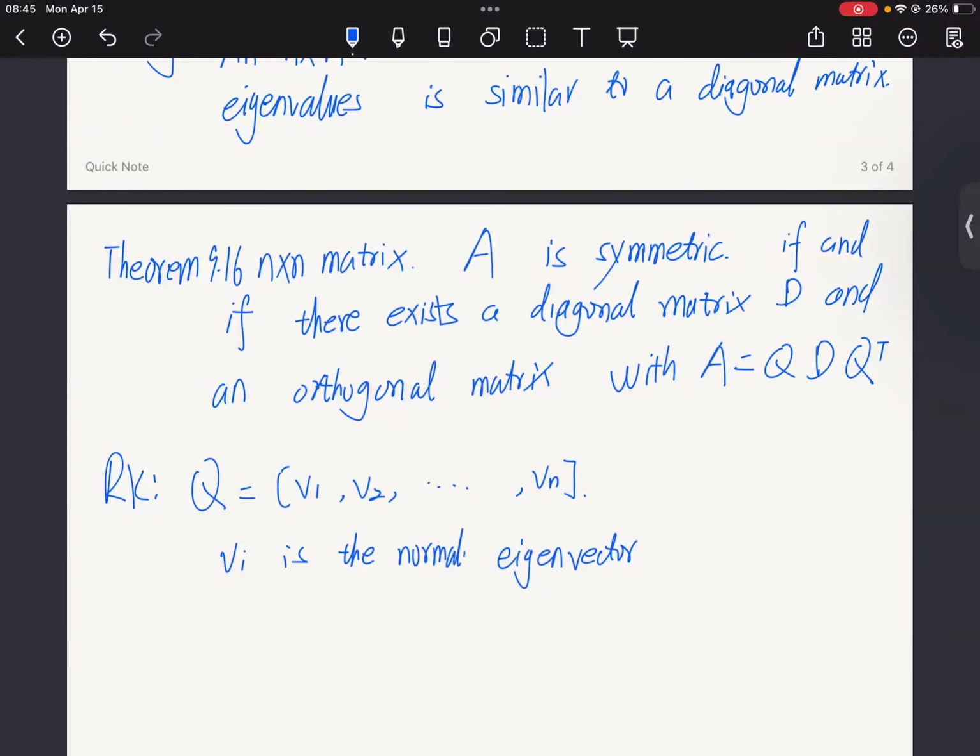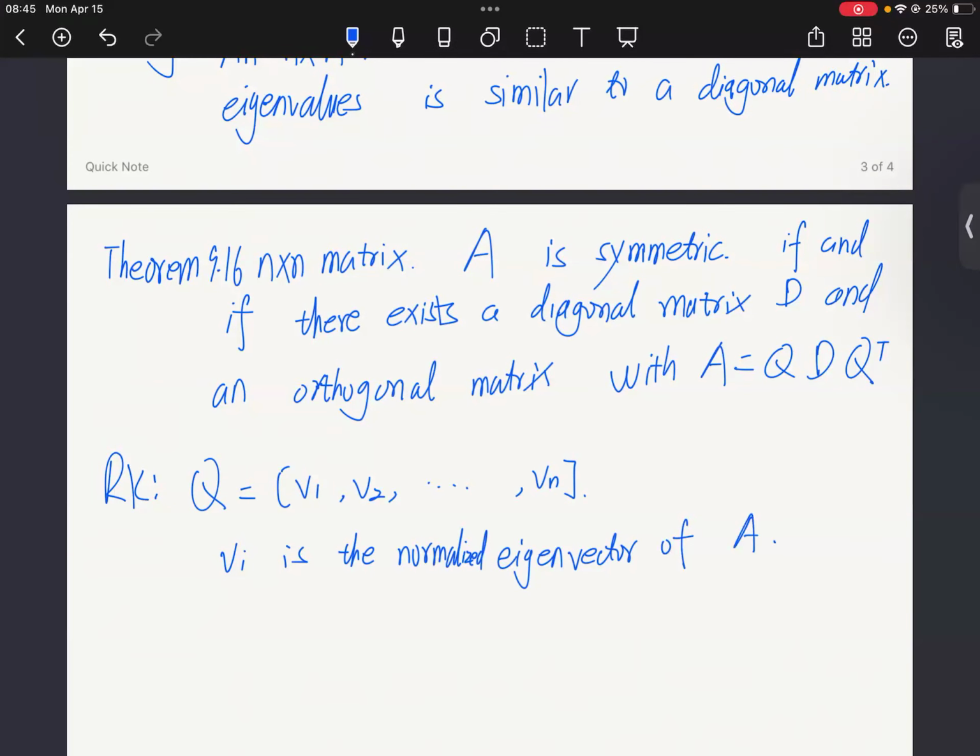Normalized means that if we calculate one eigenvector and it does not have norm 1, then you can do the normalization process. You define the new vector to be Vi divided by the norm of Vi. So we require the eigenvectors to be normalized eigenvectors of A.